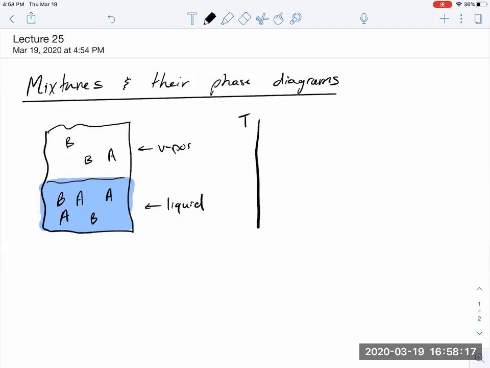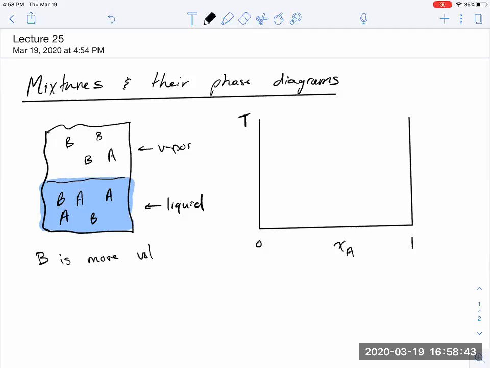We can summarize our findings in a phase diagram, say in the temperature and mole fraction plane. That mole fraction goes from 0 to 1, and if we assume that B is more volatile, so B has a lower boiling point.